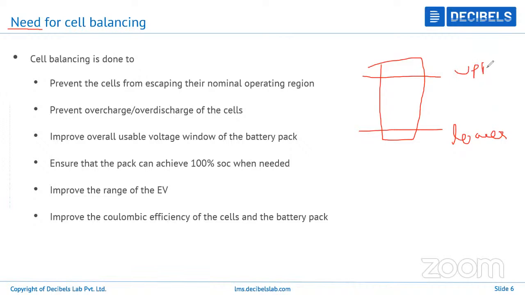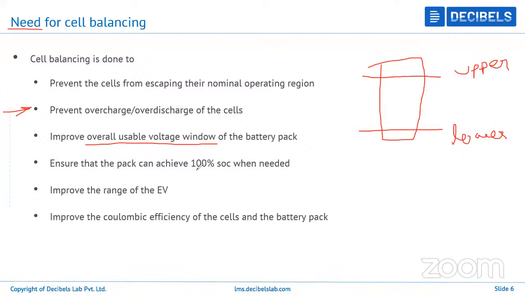Keeping the cells within these limits, both in charging and discharging, is very crucial, because if you continuously operate outside these zones, it will rapidly degrade the cell. This is a direct consequence of the first point: it is to prevent overcharge and over discharge of the cells, and improve the overall usage window of the cell.